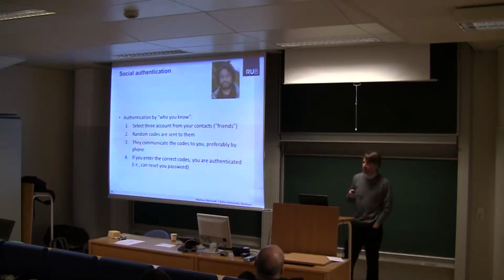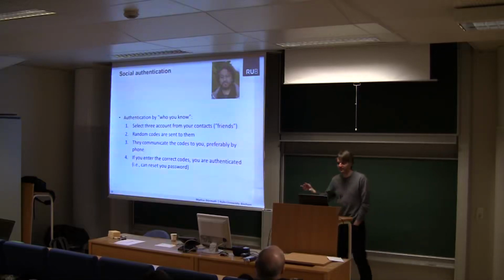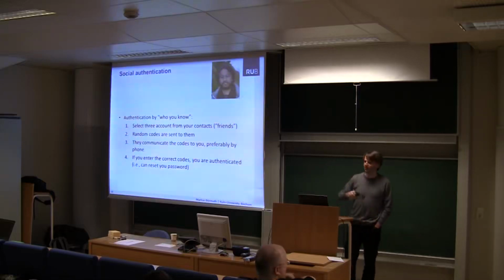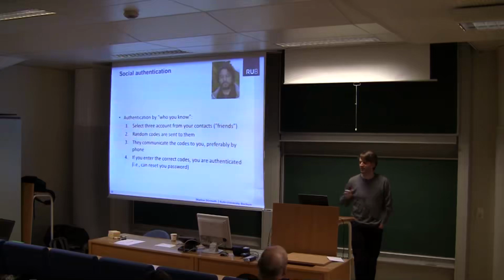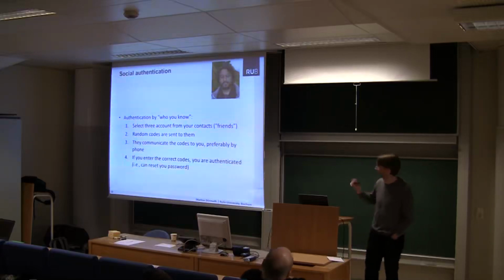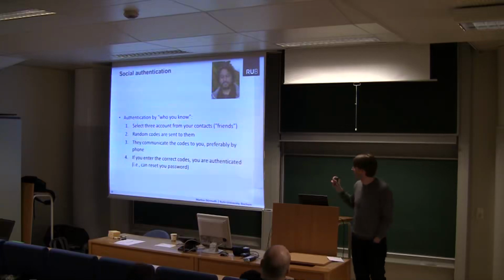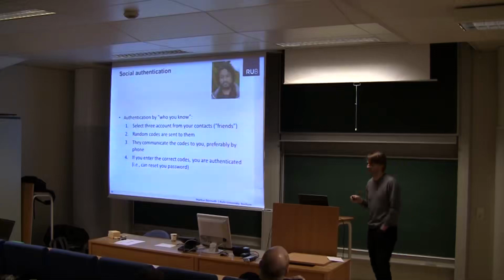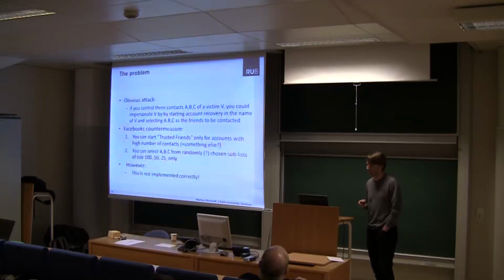For example, for Facebook, if you lost access to your account, then you can select 3 of your friends, 3 of your contacts. Random codes are sent to those, then you phone them asking for the code and enter the 3 codes in a web form or something. And if those are correct, then you can reset your password or so. There are a million variations of the same idea, but that's the basic idea.